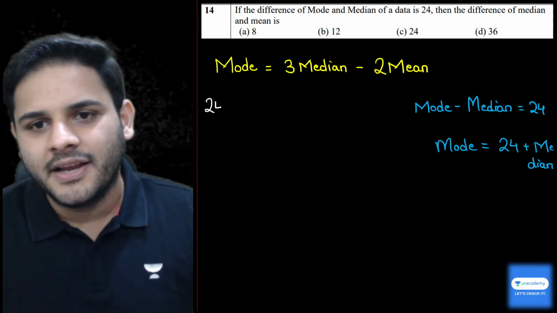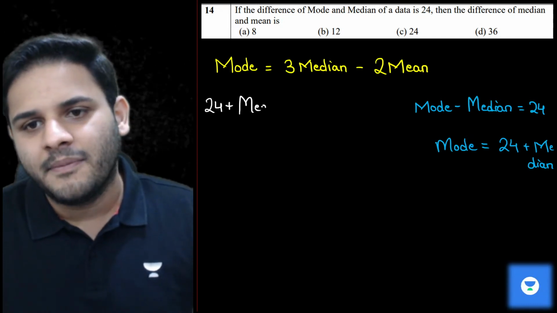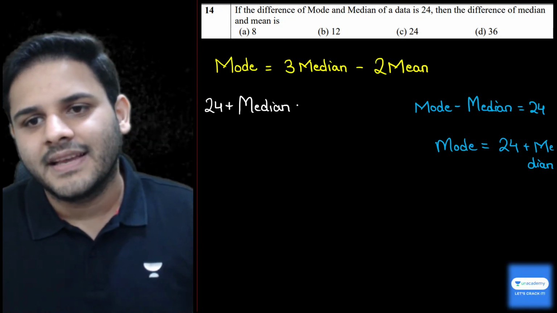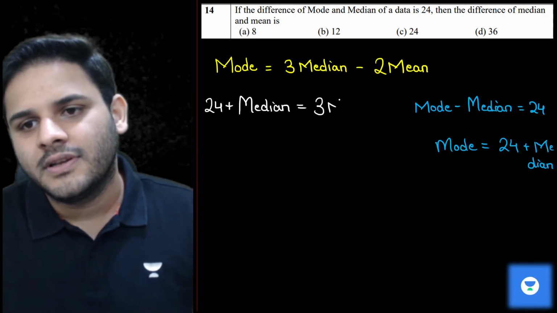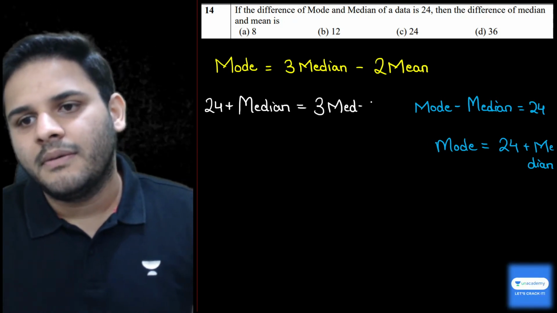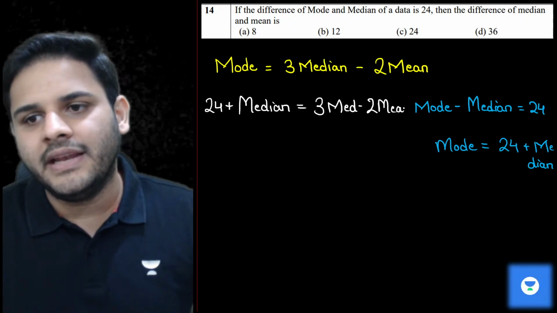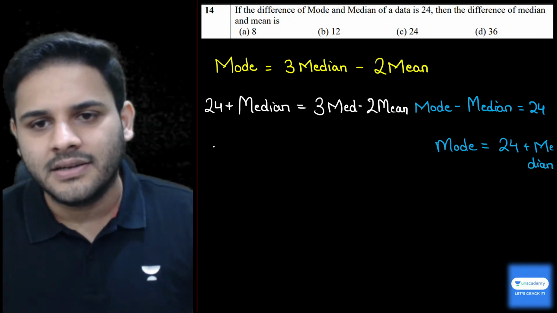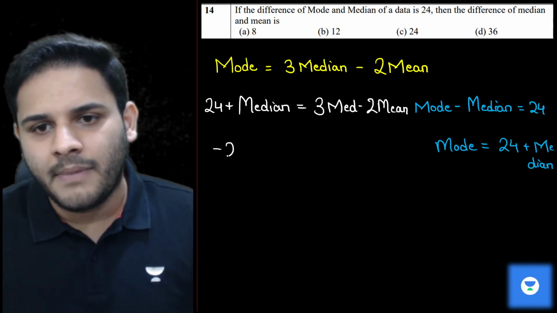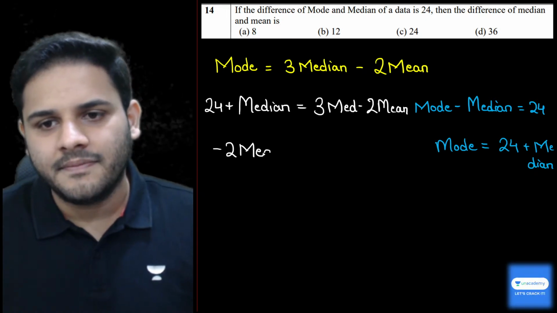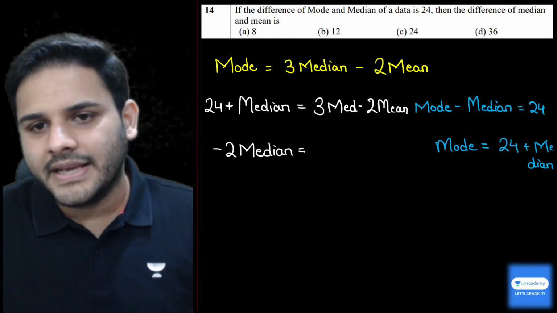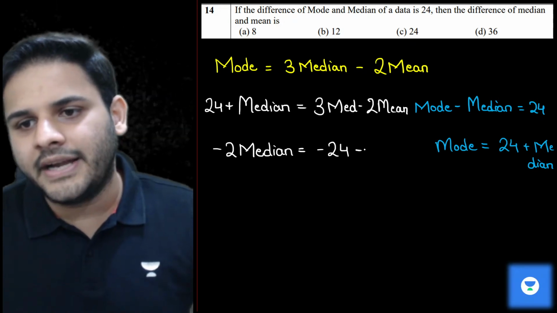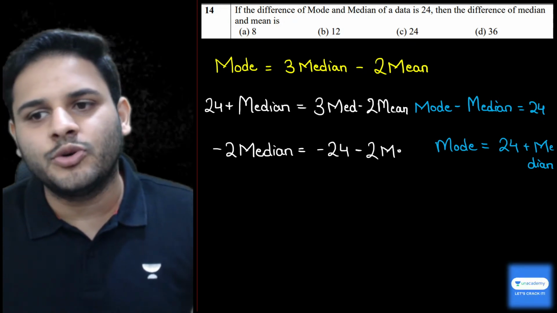Come on. 24 plus median is equal to 3 median minus 2 mean. So you will get minus 2 median here is equal to minus 24 minus 2 mean here.